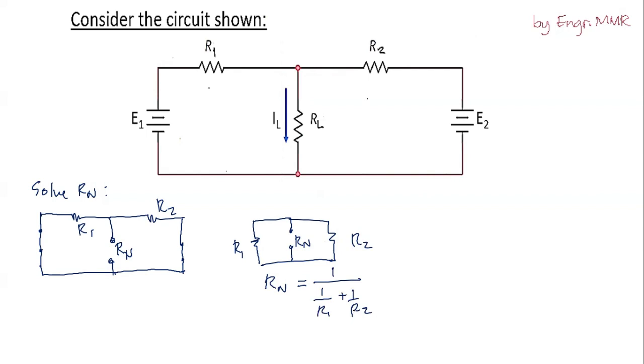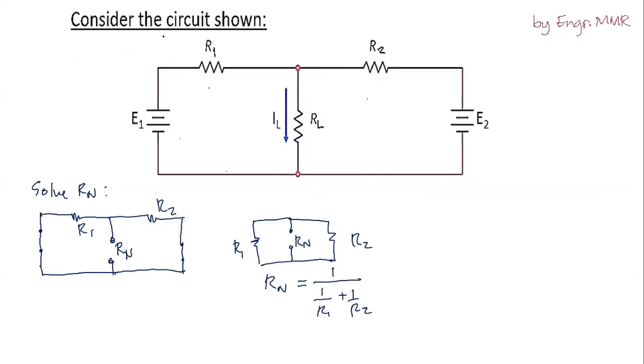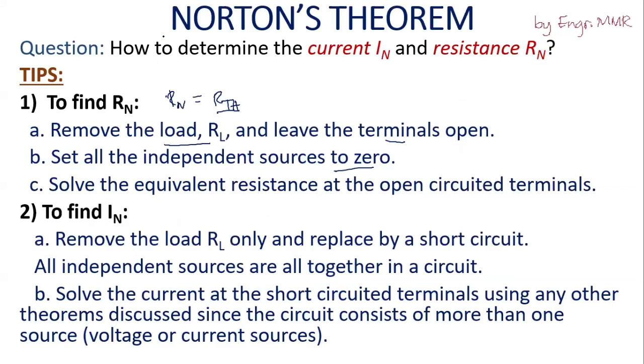The next step is to solve for the IN. Let's recall how to solve for IN. We remove the load only and replace it by a short circuit, and take note that all independent sources are still in the circuit. So we have here the E1, and the load will be replaced by a short circuit.